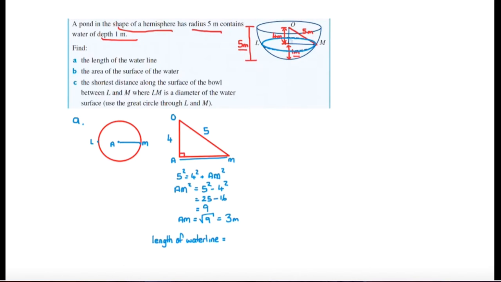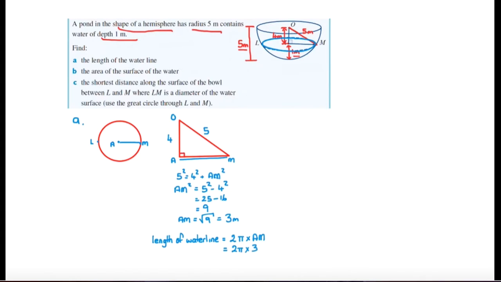Now the length of the waterline is the circumference of the circle with radius AM. So the circumference can be calculated as 2 pi times the radius AM. We calculated that earlier as 3 meters.